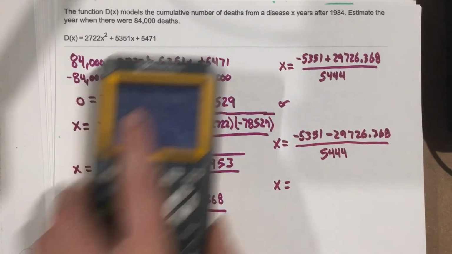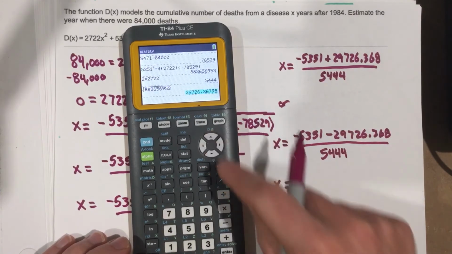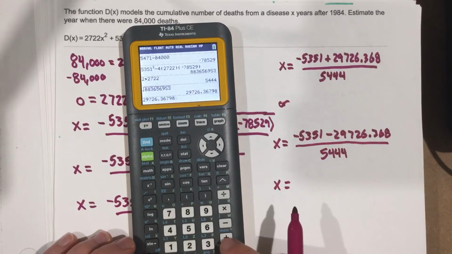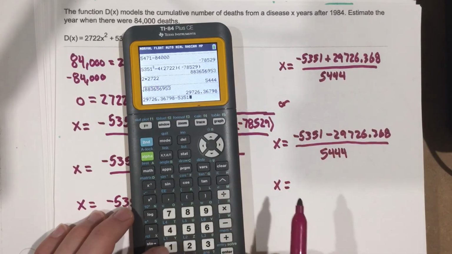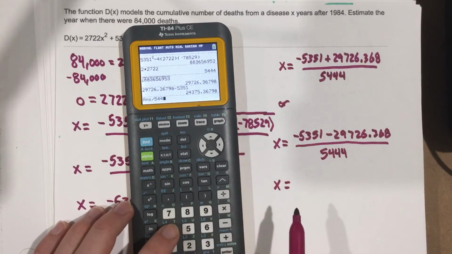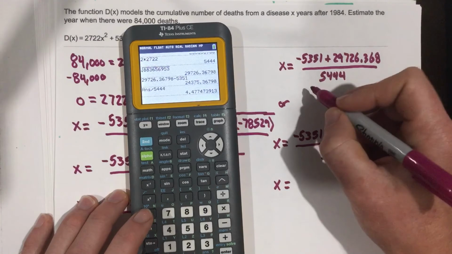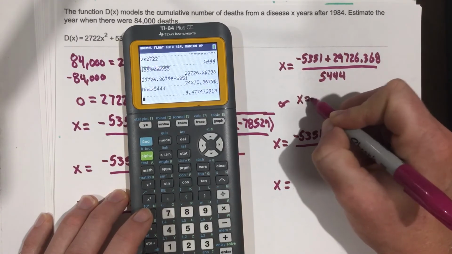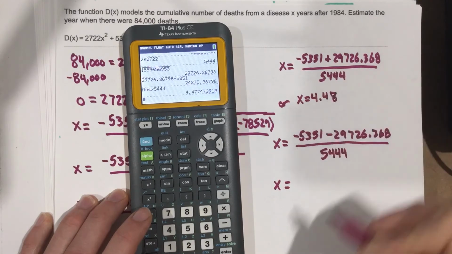Okay, let's plug those in the calculator. We're going to take that number and subtract out the 5351 and divide it by 5,444. And we get x equals 4.47 or 4.48.